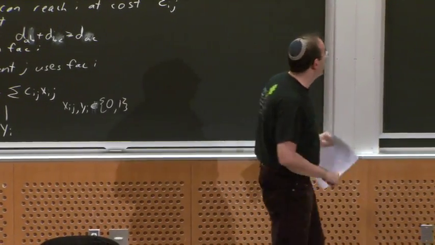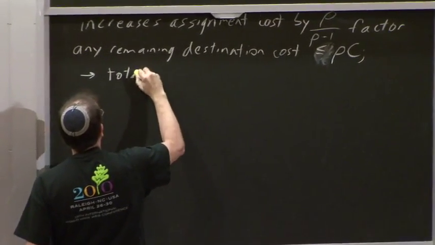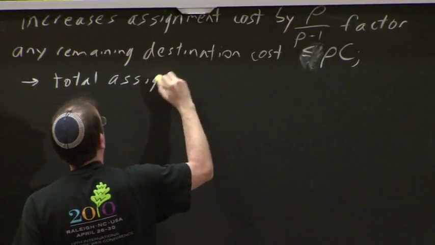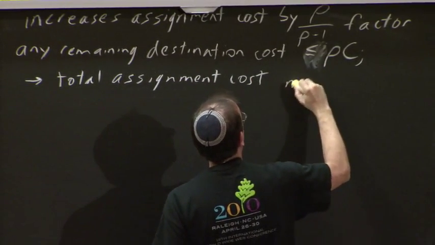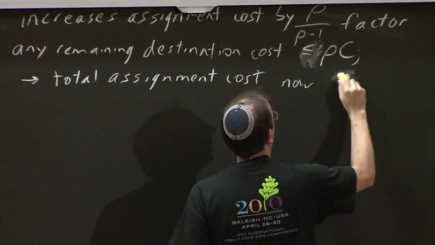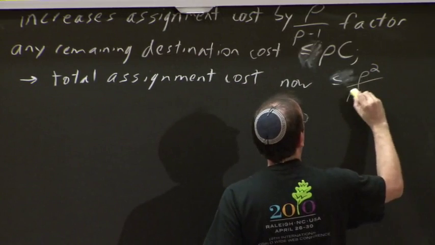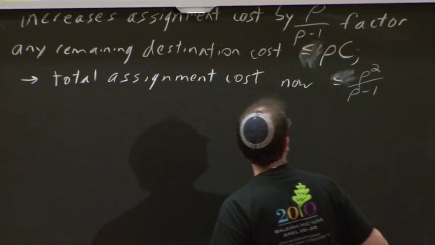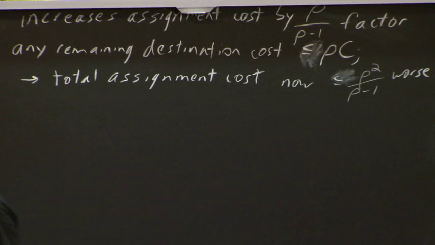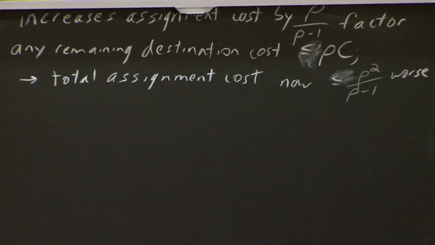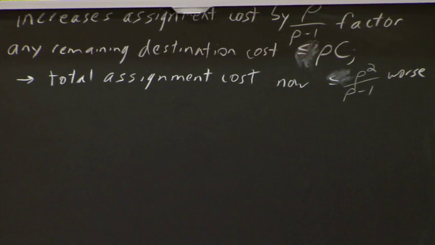So that implies that the total assignment cost for whatever we pick is now going to be less than or equal to rho squared over rho minus 1 worse. Right? So if we pick some constant factor rho, we'll be losing a constant factor in the assignment cost.